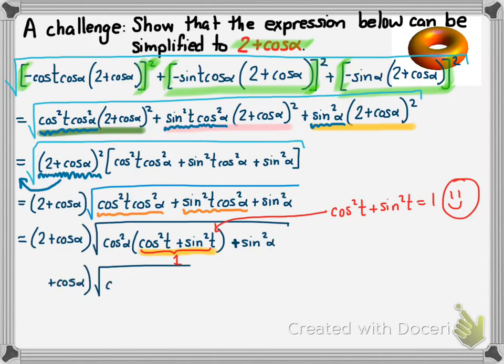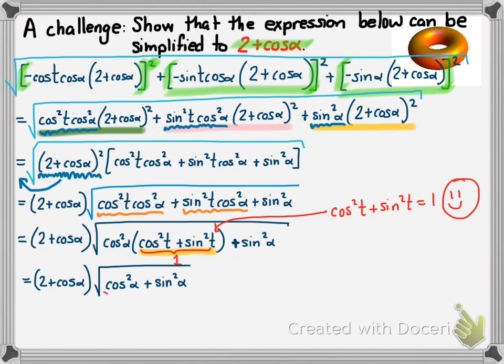Alright, and let's write this down. So we have 2 plus cosine of alpha times the square root of cosine squared alpha times 1, which is just cosine squared alpha, plus sine squared alpha. And I already know where this is going.